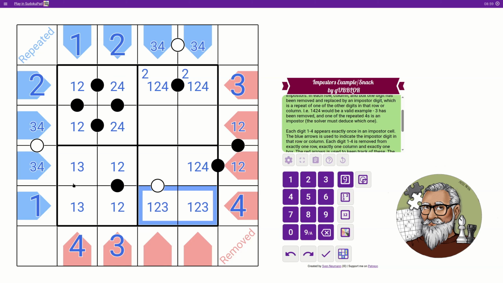I don't know how that matters, but can I have 2 1s here? Indeed I can. Right. These are 1, 2. These are 1, 2. These are 1, 2.